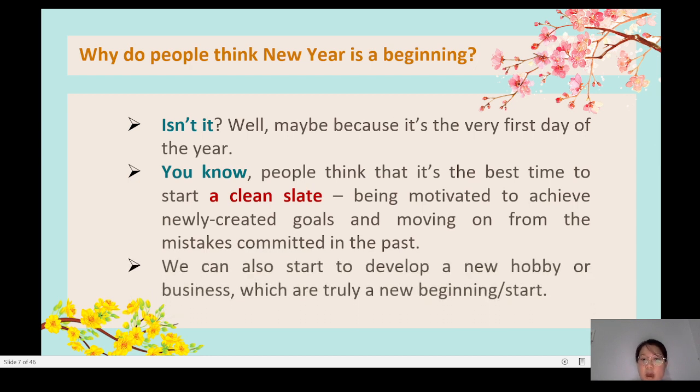Isn't it? Well, maybe because it's the very first day of the year. You know, people think that it's the best time to start with a clean slate, being motivated to achieve newly created goals and moving on from the mistakes committed in the past.